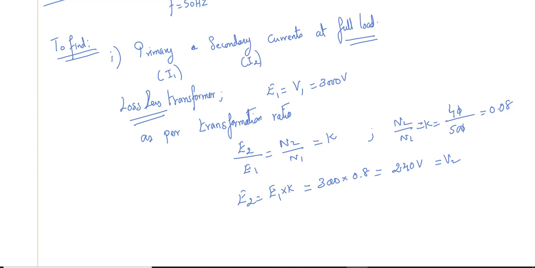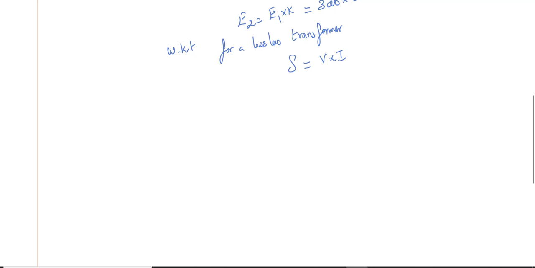Now, we have to find out I1. We know that for a lossless transformer, the apparent power rating of the transformer is equal to V into I. Therefore, I1 is equal to S by V1, where S is the apparent power.